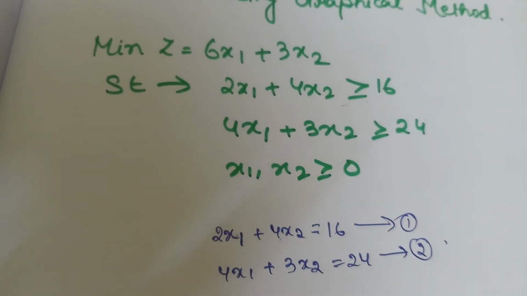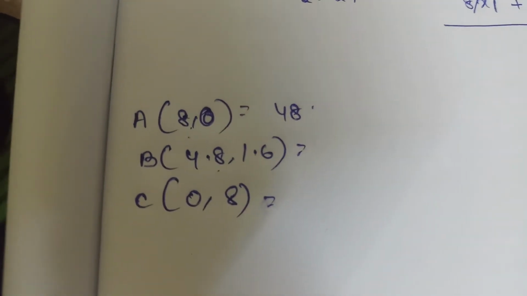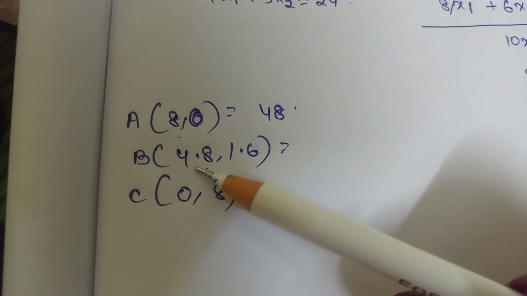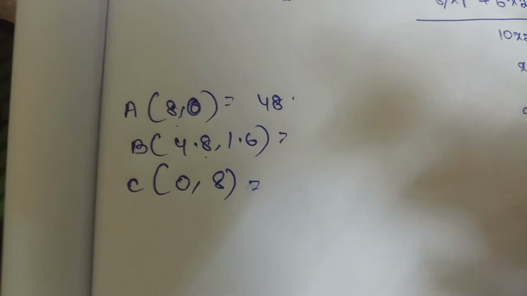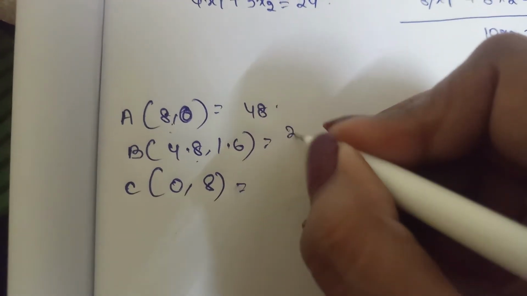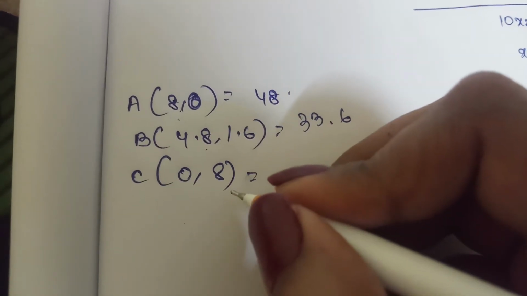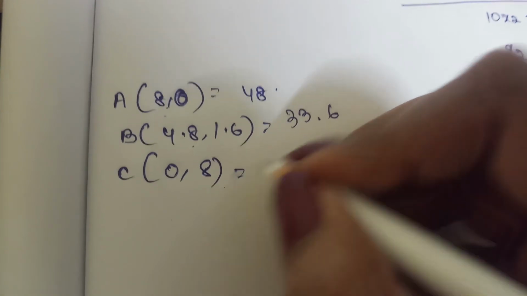So my z will be 48. Let's see for point B. That will be 6 into 4.8 plus 3 into 1.6. We will get 33.6. And for the third one, that is 6 into 0 plus 3 into 8, we will get 24.